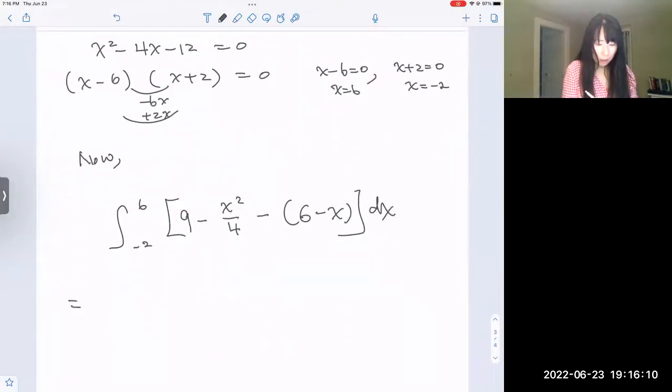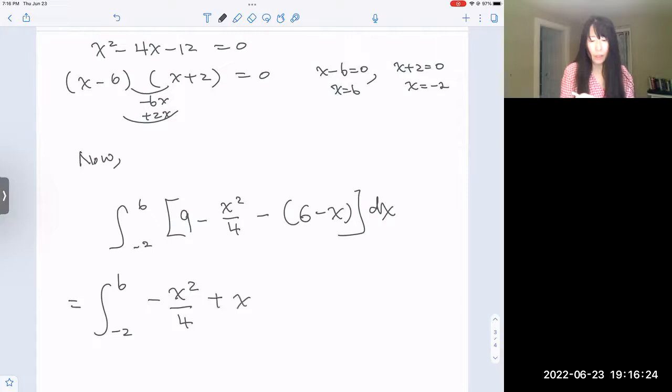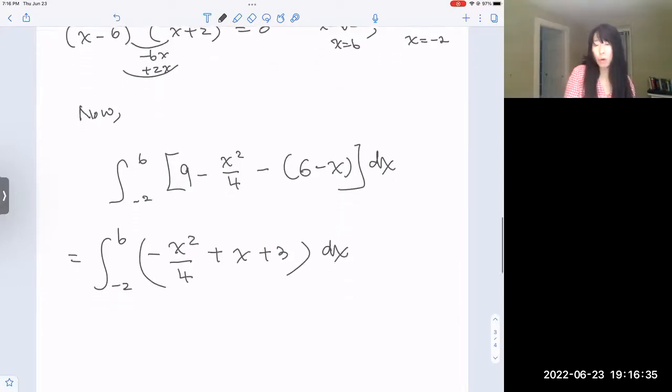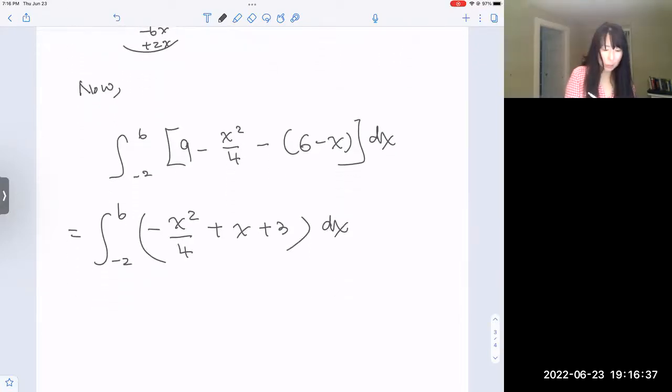Okay. Let us simplify from negative 2 to 6: negative x squared over 4, and negative negative is positive x, and 9 minus 6 is 3. Good. Now we integrate.